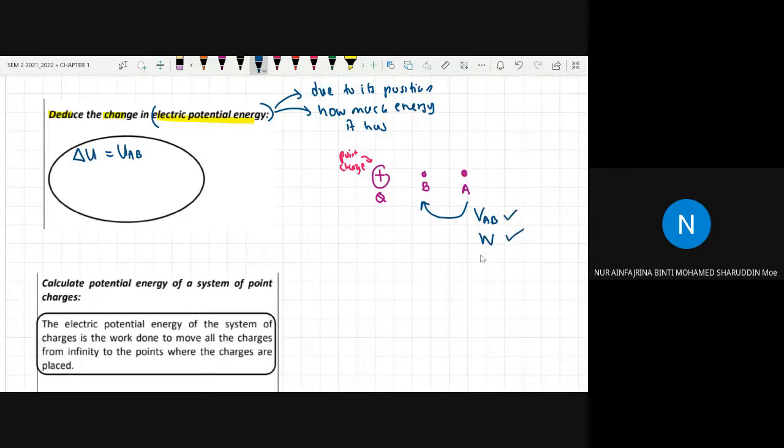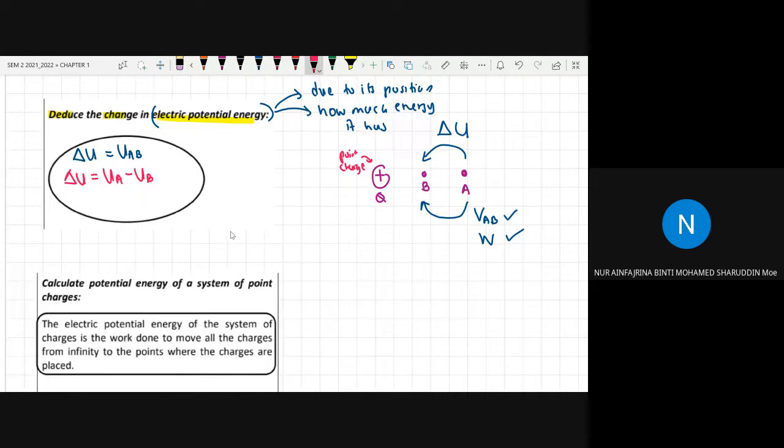So, dia akan ada work done. So, both akan ada. Tetapi sekarang kita akan ada tambahan. Dia juga akan ada potential energy due to its position. So, maksudnya bila kita bawa dia ni, dia juga akan ada potential energy dan kita boleh cari perubahan potential energy dia. So, perubahan potential energy dia adalah UA tolak dengan UB.